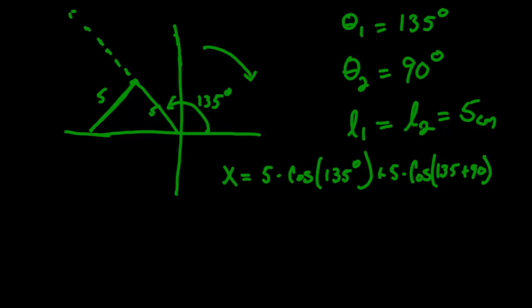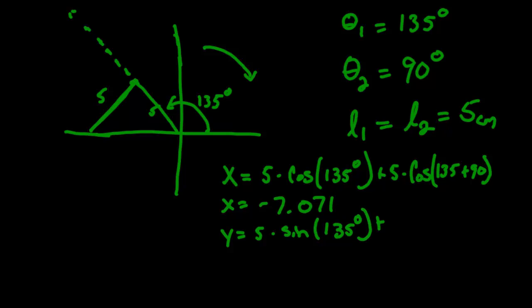So our x equals negative 7.071. Now if we want to solve for y, we do the same thing, but with sine instead of cosine. This comes out to equal 0. So this is our total x and y values.